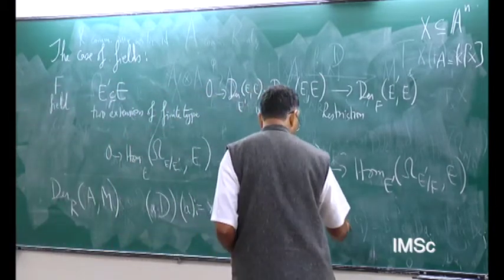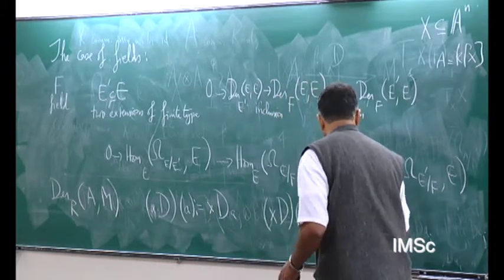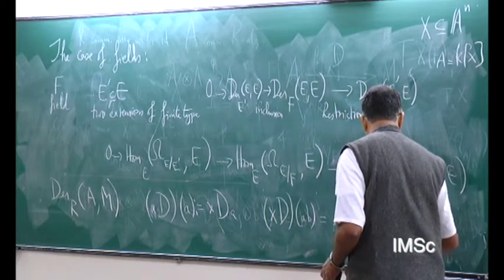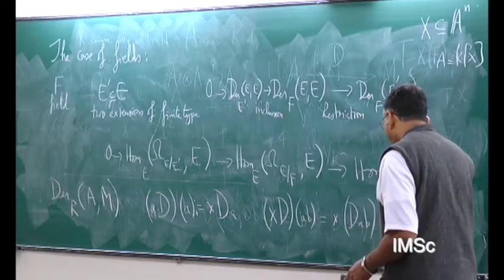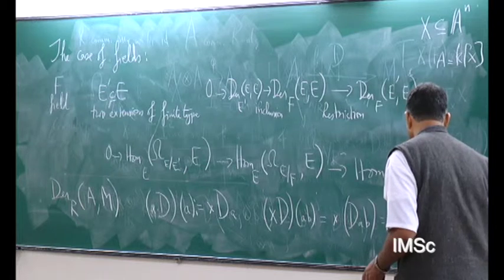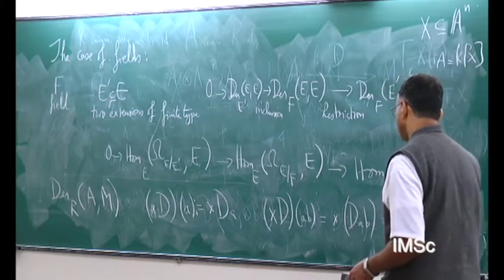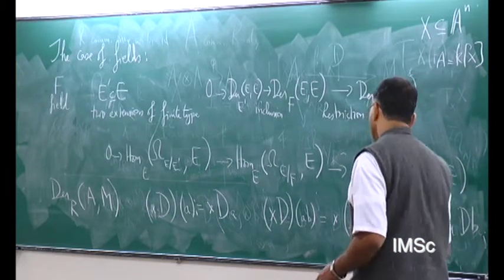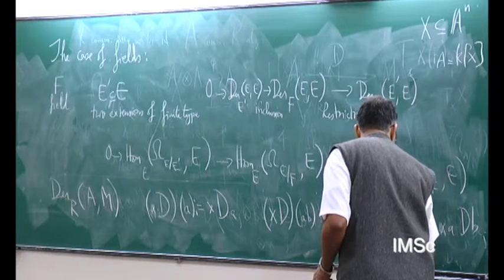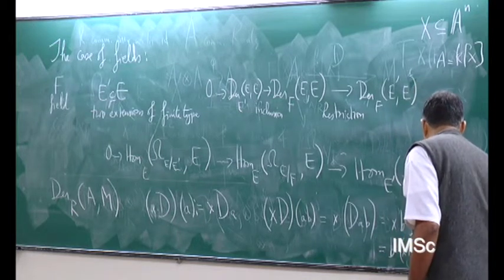This is X of D of AB, and therefore that is X of B DA plus X of A DB, which is, I can write, B of XD on A plus A of XD on B.